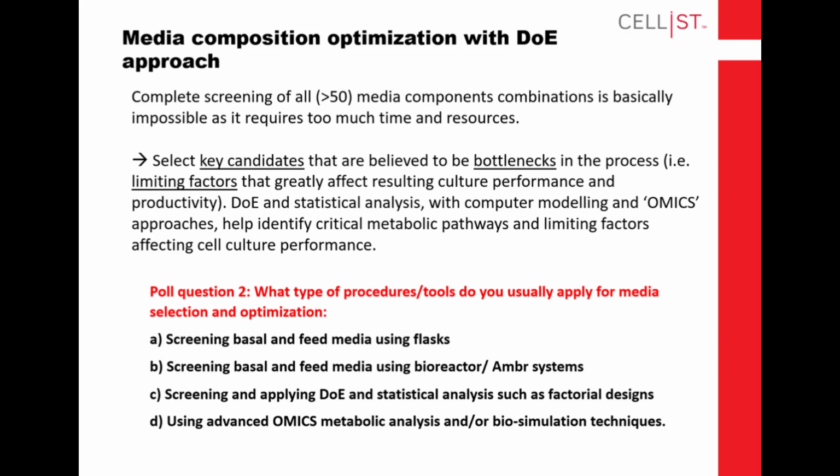What's important is to select the key candidates, those believed to be bottlenecks or limiting factors in the process that will greatly affect the culture performance. That could be any component: amino acids, vitamins, metals, or others. DOE, design of experiment, and statistical analysis using computer modeling and multi-omics approaches usually help identify those specific metabolic pathways and components that allow us to increase the culture performance.